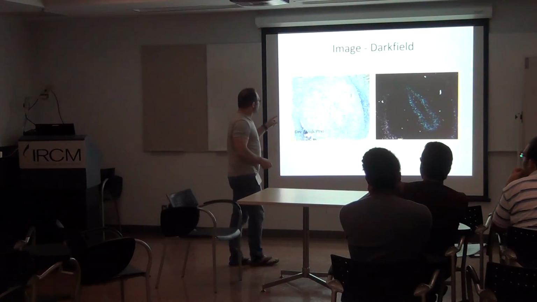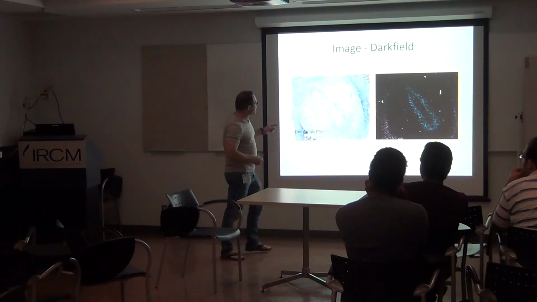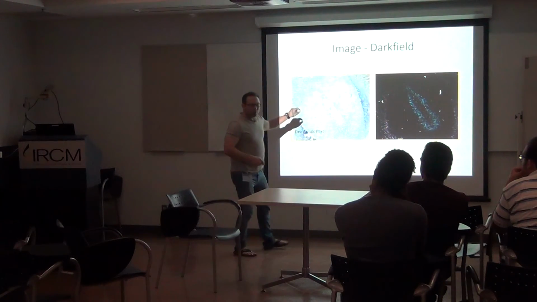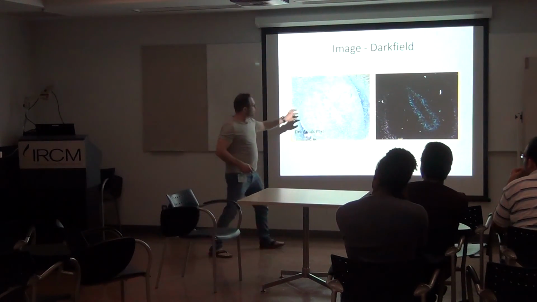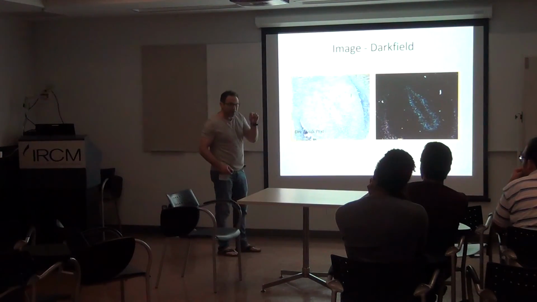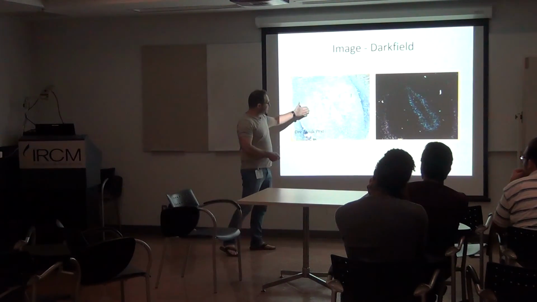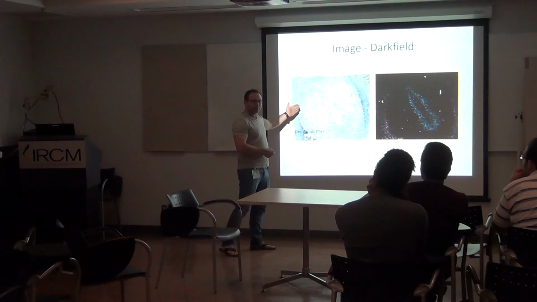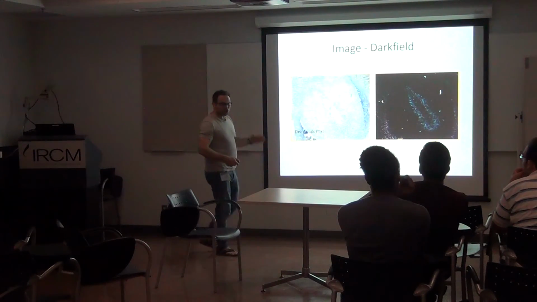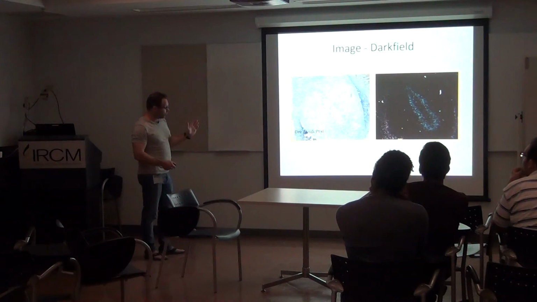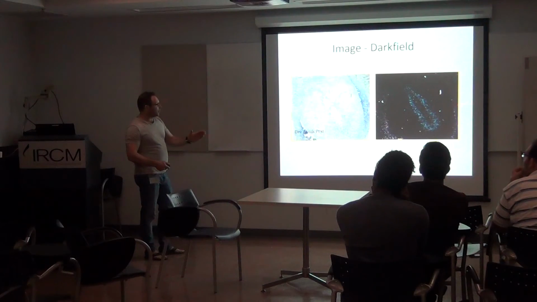So usually, like here in this specimen, there was a staining with, I think, silver particles. And so those silver particles are really, really small. You cannot even see it in the specimen here. But if you use dark field contrast, then you see all the particles which are located there, which is your marker, actually.